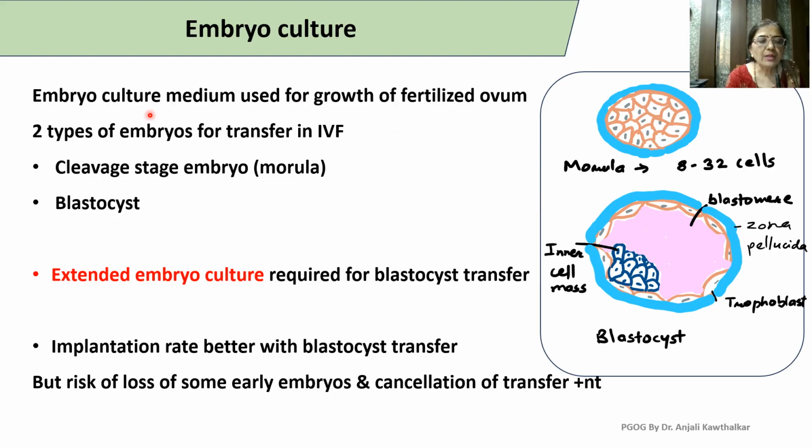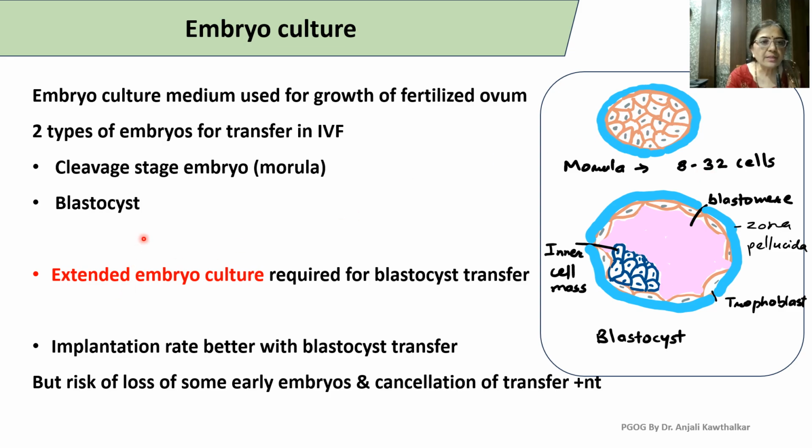Embryo culture is where the embryo is kept in the culture medium and it is used for the growth of the fertilized ovum. Now, two types of embryos are transferred in IVF. One is called the cleavage stage embryo, where there is a morula. 8 to 32 cells are present in the morula.